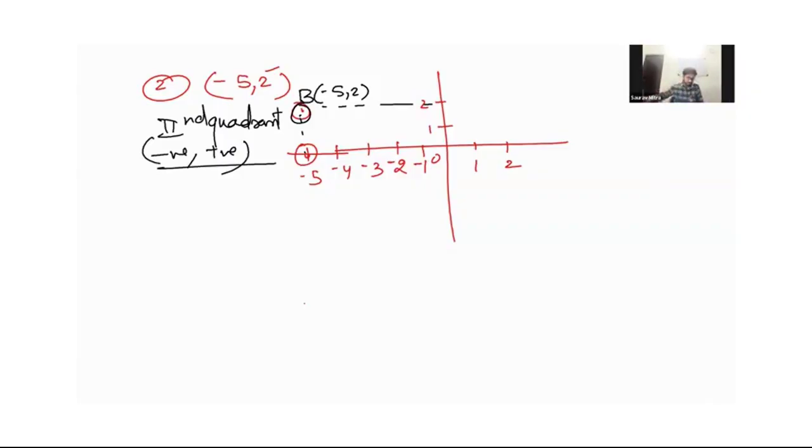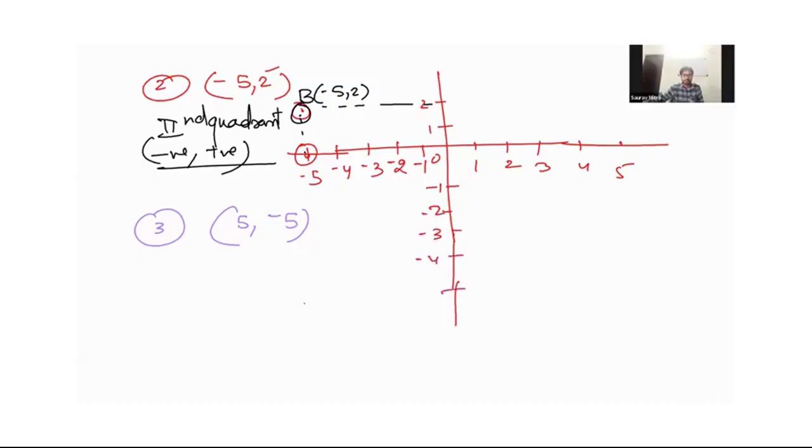Let's take another example. If we have to draw 5 comma minus 5, let's draw it here only. On the x-axis we mark 3, 4, 5, and on the y-axis minus 1, minus 2, minus 3, minus 4, and minus 5.